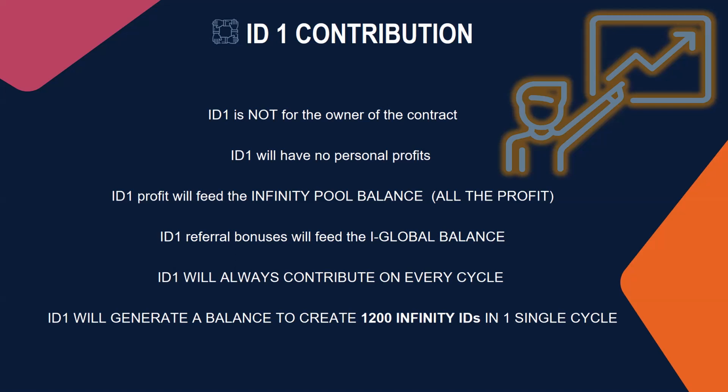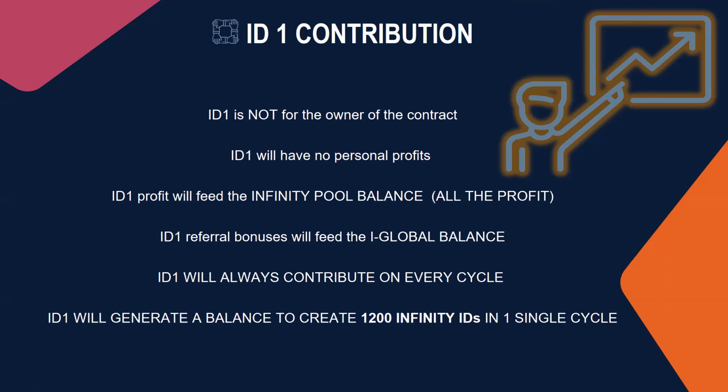ID1 is not for the owner of the contract. This will never happen anywhere else. I'm very sure of what I'm saying. No owner of a smart contract will ever contribute with his own ID, the ID that is supposed to be for him. ID1 is not for the owner of the contract, it is for every person.